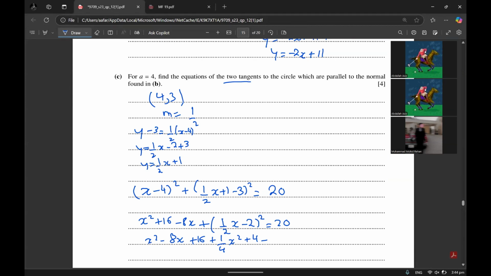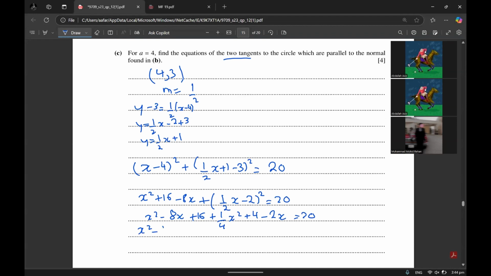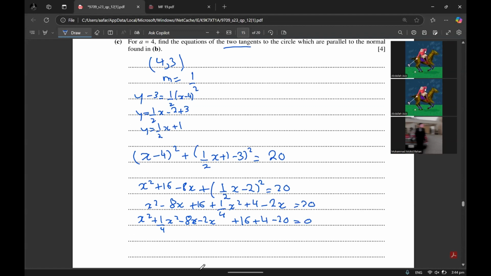Half into... 20. So x squared minus 8x minus 2x, 16 plus 4 minus 20. So we get 5x squared over 4 minus 10x equals 0.